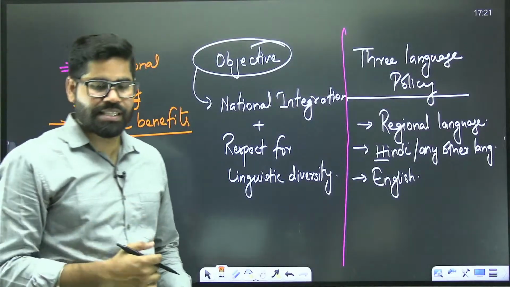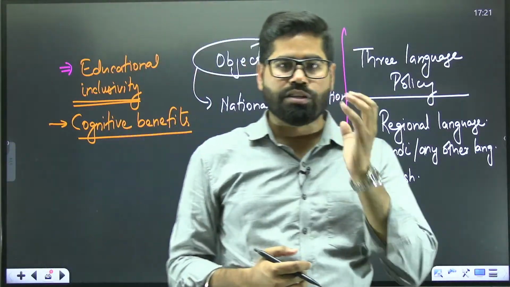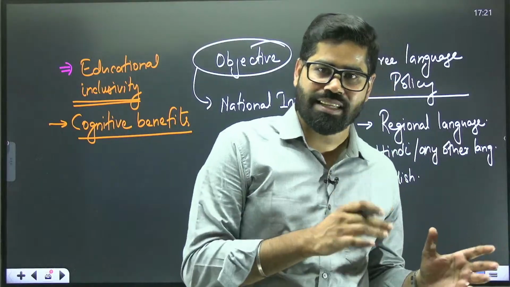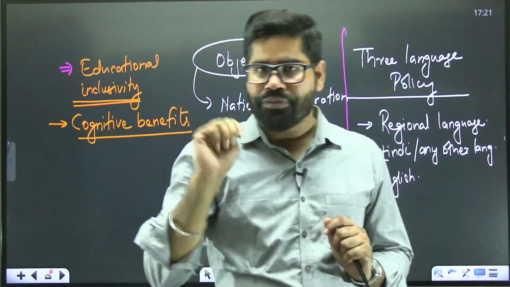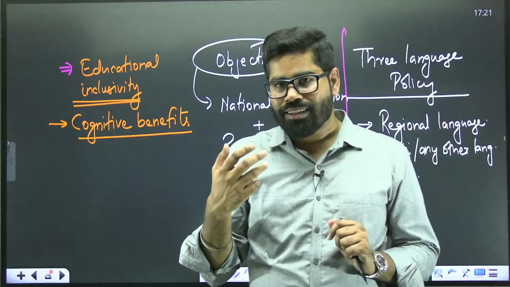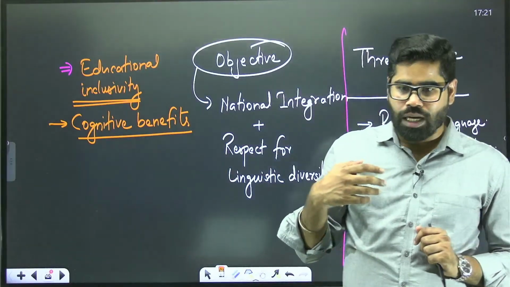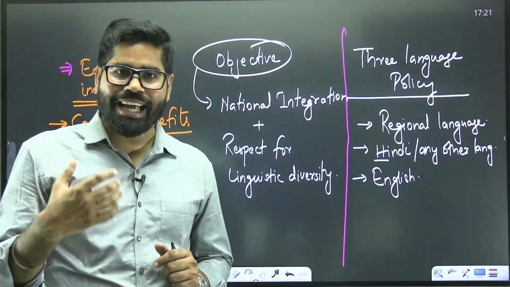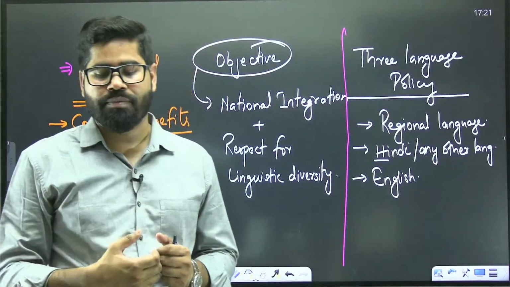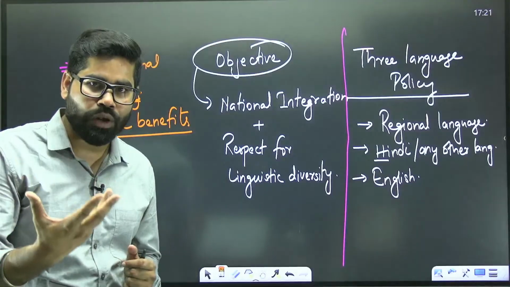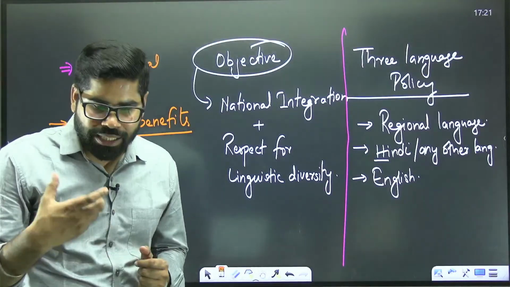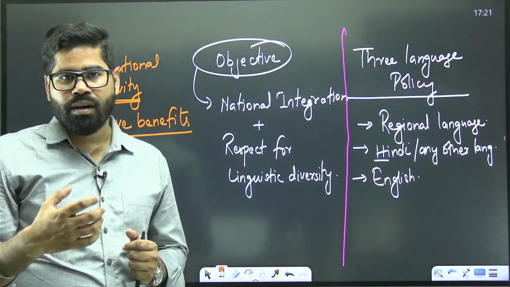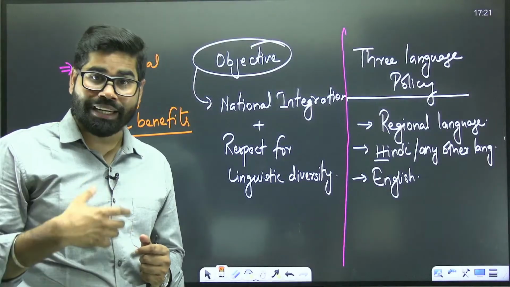Like it has been said that if students have learned 3 different languages, then they can do multitasking. They can have improved brain function, improved problem solving ability, higher functioning of the brain, better memory.